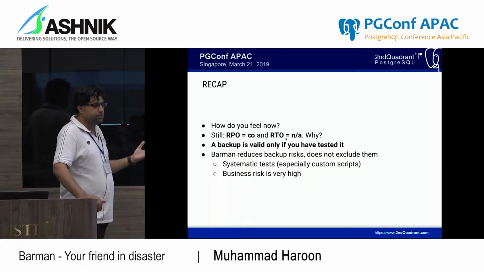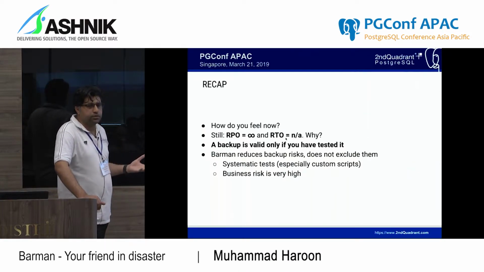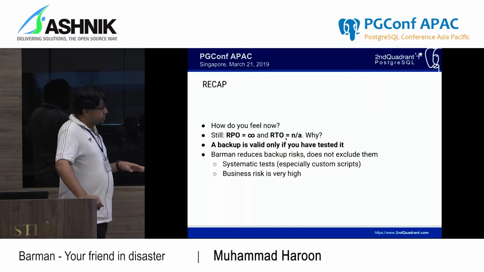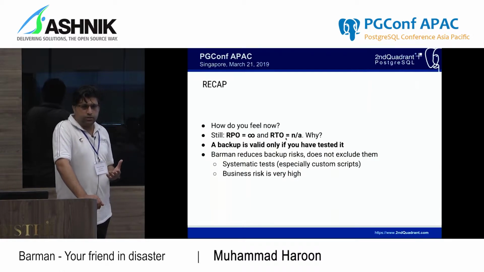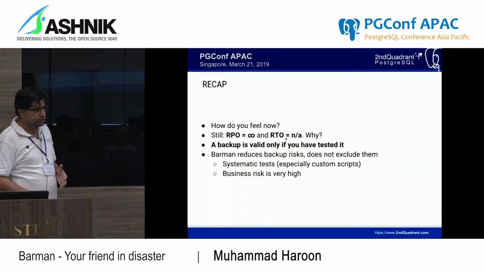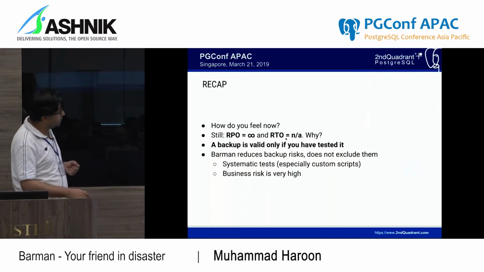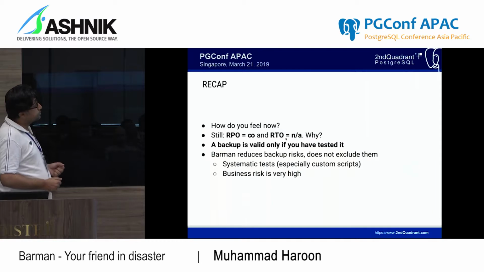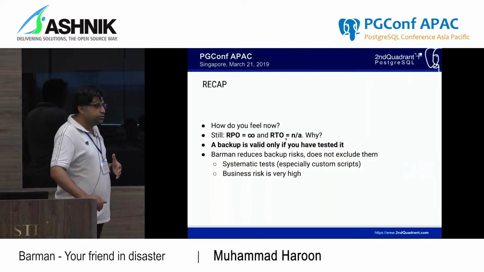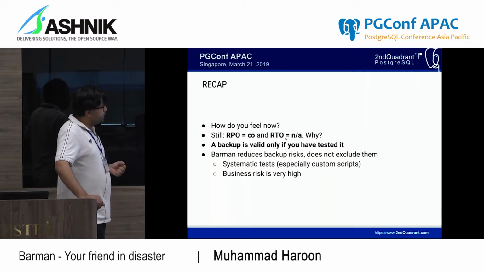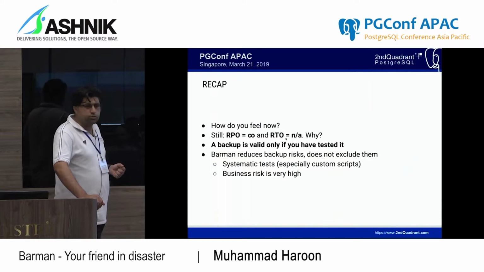We know Barman will be able to restore, but have we tested that? Did we try to restore to some server to see how much time it actually takes, or whether those backups are healthy? We don't know the answers to those questions yet. So Barman does reduce that risk, but it does not exclude it.